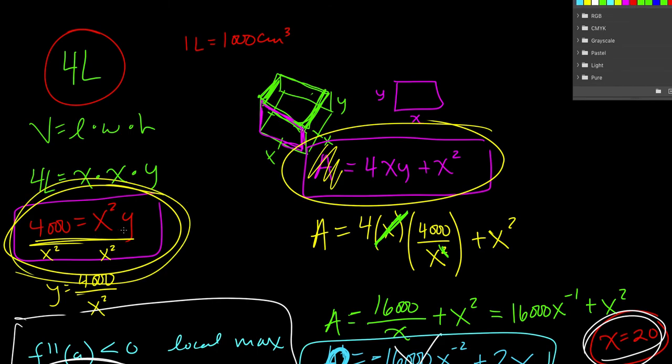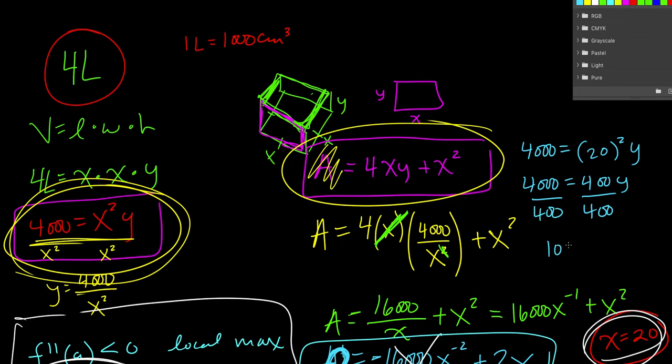So it's 4,000, and then I'm going to plug in 20 for x. So we get 4,000 is equal to 400 y. Divide both sides by 400. 10 is equal to y. And all of that's in centimeters.